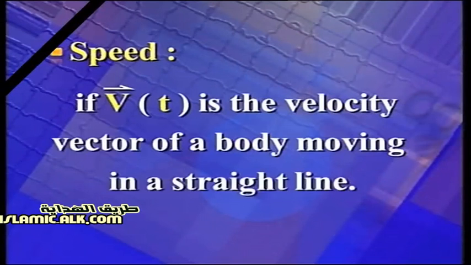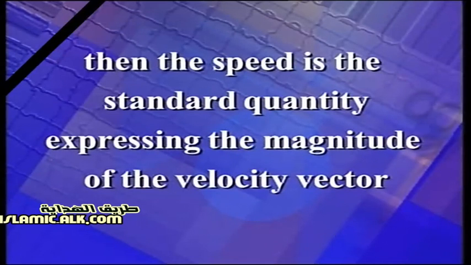What is the speed? Vt vector is the velocity vector of a body moving in a straight line. Remember, dear student, then the speed is a scalar quantity, expressing the magnitude of the velocity vector.